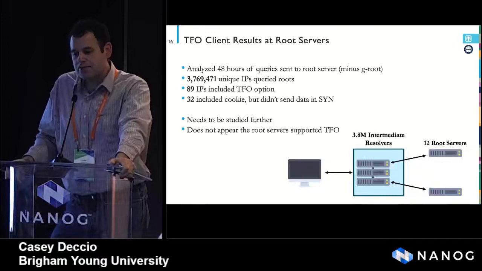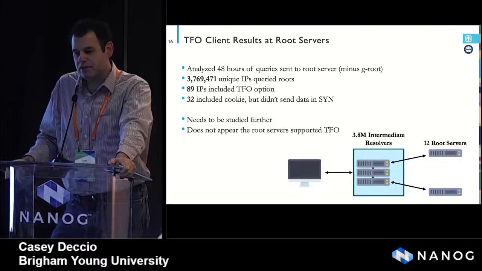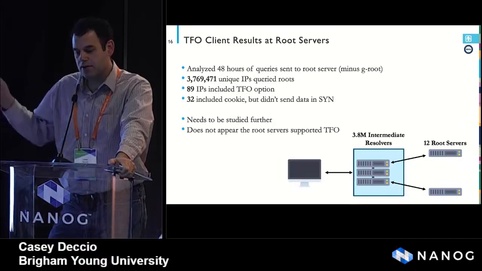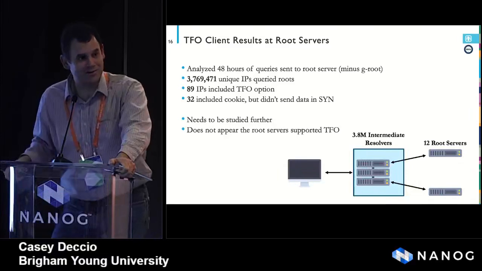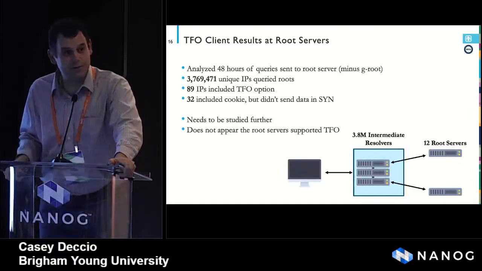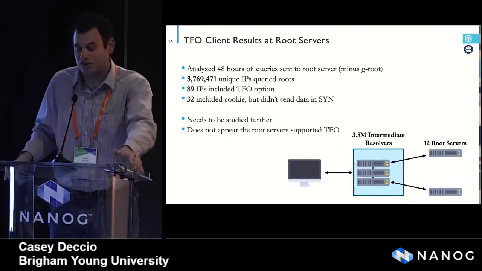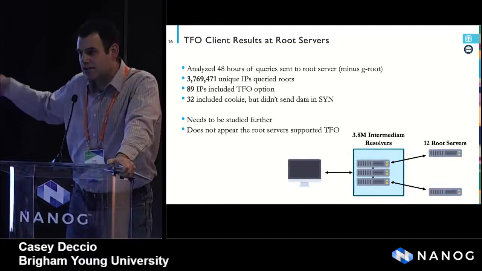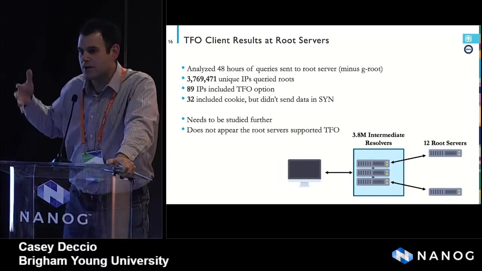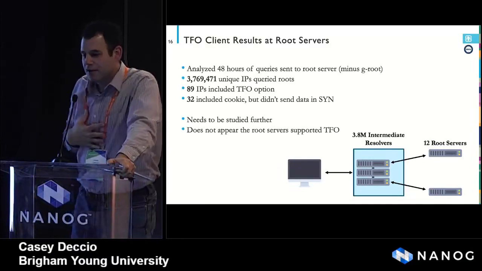So we had about 3.7 million unique IPs that queried the root servers over TCP. By the way, this is a shout out to DNS-OARC, who collects this data. It is wonderful for us researchers to have a looking glass into what's actually going on the internet. Okay, so we had nearly 4 million unique IPs that queried over TCP at one time or another during those 48 hours.